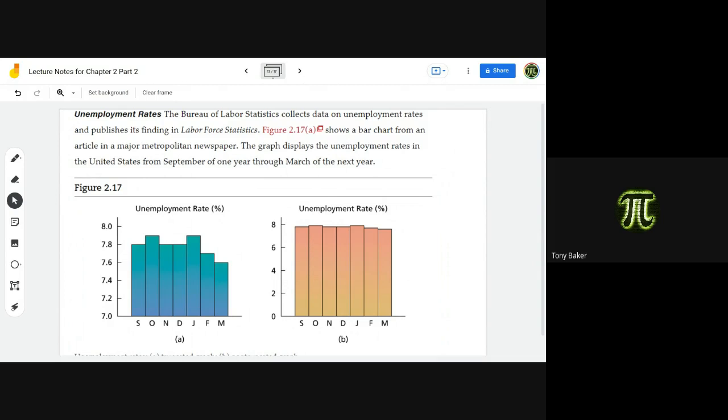So one of the biggest things when you're lying with statistics or trying to sway somebody one direction or another: you don't want to fudge the data, right? You want to use data that's accurate. Because if you use data that's inaccurate or wrong, you're going to get called out.